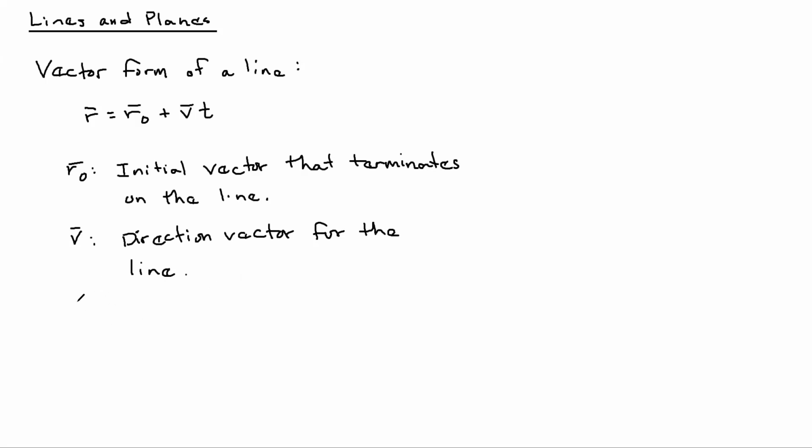And finally, we have t. If you think of the direction vector as the direction that the line heads in, t enables us to use multiples of v to define the entire line, with t ranging from negative infinity to infinity.